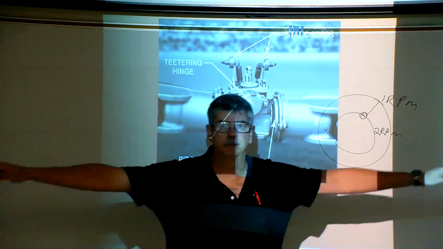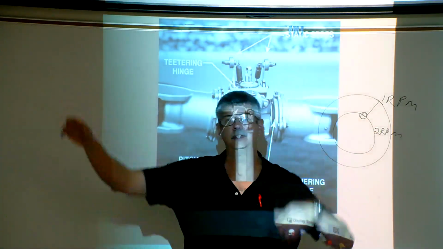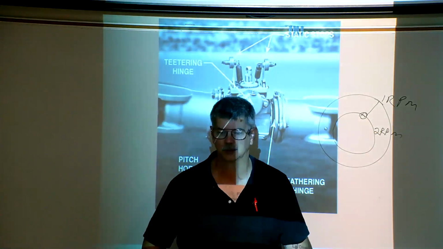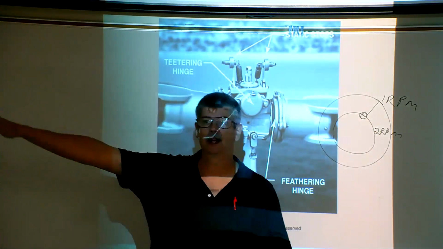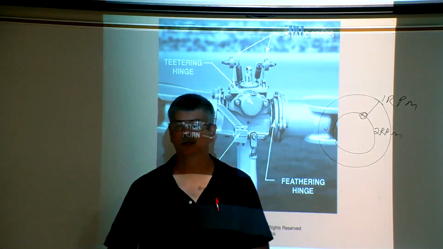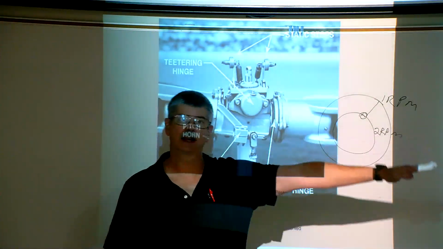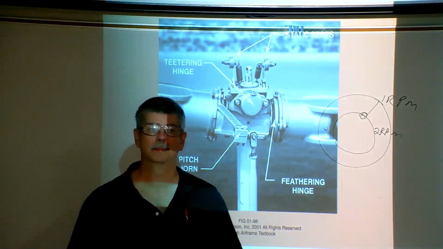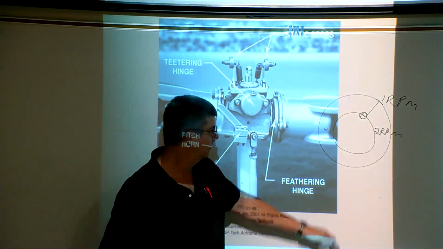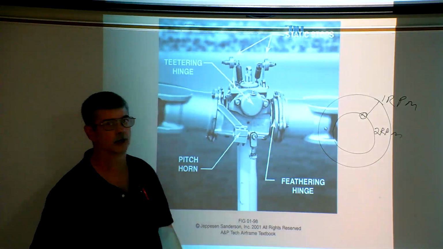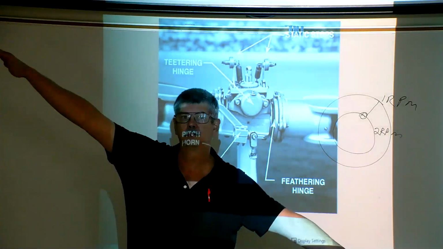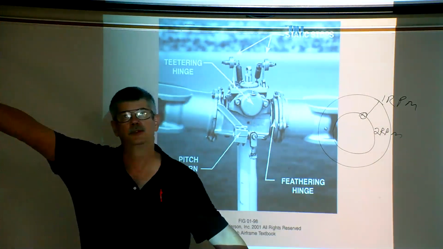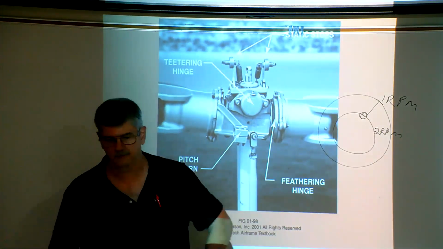So when the blades flap up, they have a tendency to get closer to the center mass or the center of rotation. That has a tendency for the blade to want to lead, whereas the blade that's flapping down will try to lag. So to try to minimize these forces, they underslung the rotor blade so that when the blade teeters up, it actually moves towards the high one, meaning it moves kind of away from the center of mass.